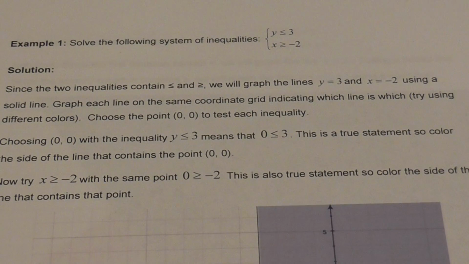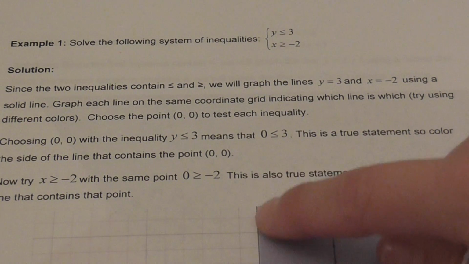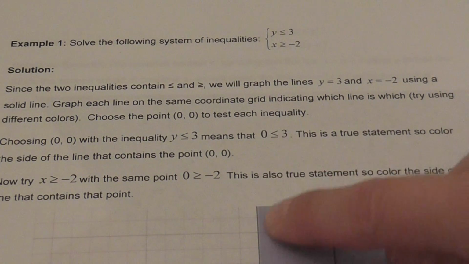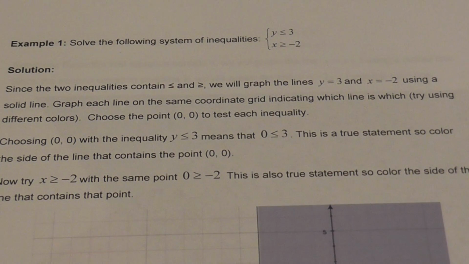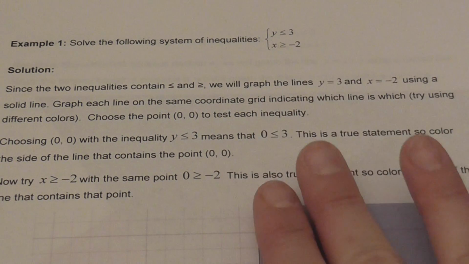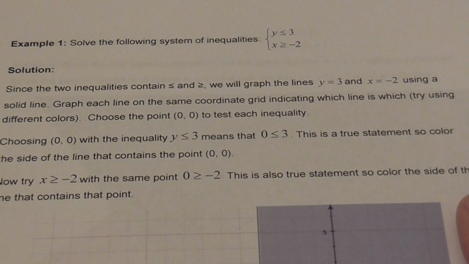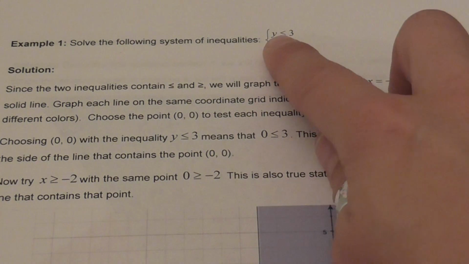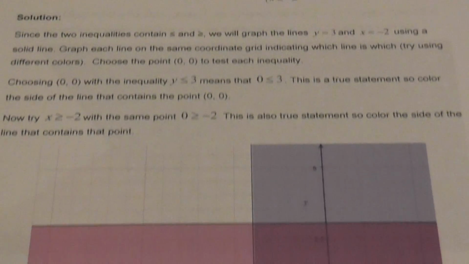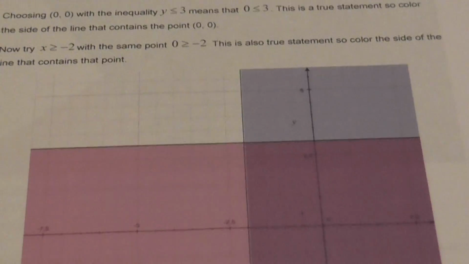This graph right here is the line y equals 3, and this graph right here is the line x equals -2. When x is greater than -2, I'm going to shade in that light purple color everything that's greater than -2. For y is less than or equal to 3, that's below the line, so that's everything below it.